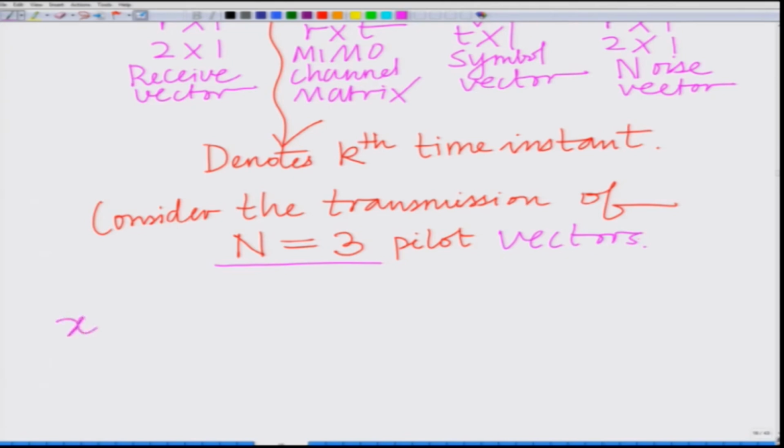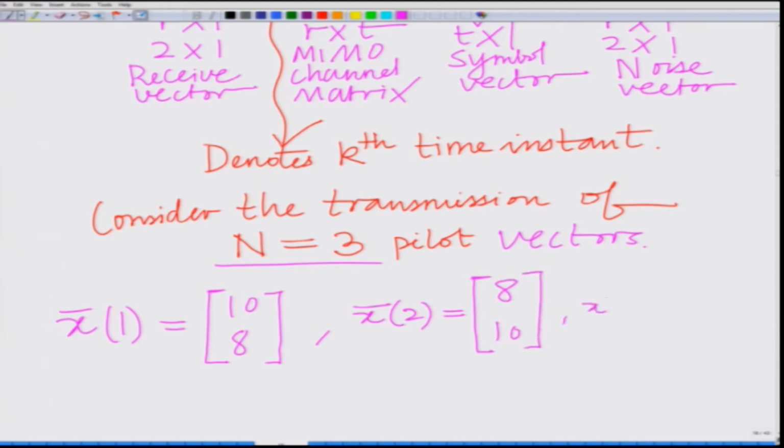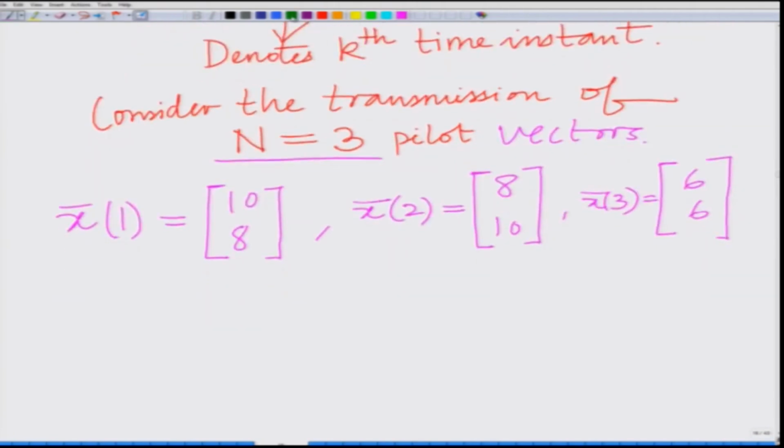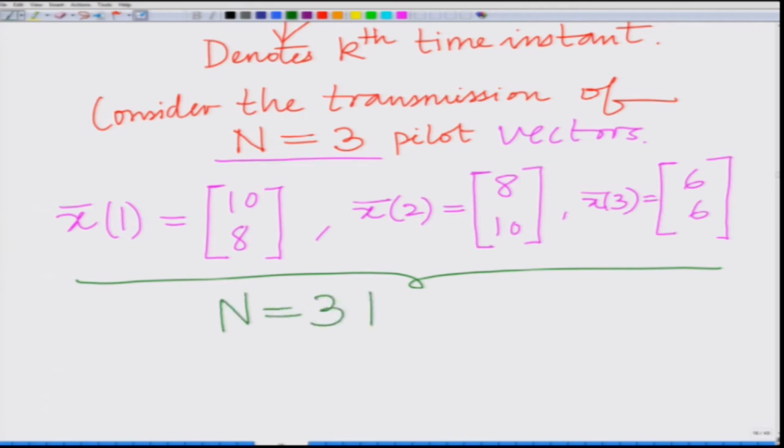I have x bar of 1, the pilot vector at time instant 1, equal to [10, 8]. Remember, each vector is 2 dimensional because there are 2 transmit antennas. x bar of 2 equals [8, 10], and x bar of 3 equals [6, 6]. So these are your n equal to 3 pilot vectors.